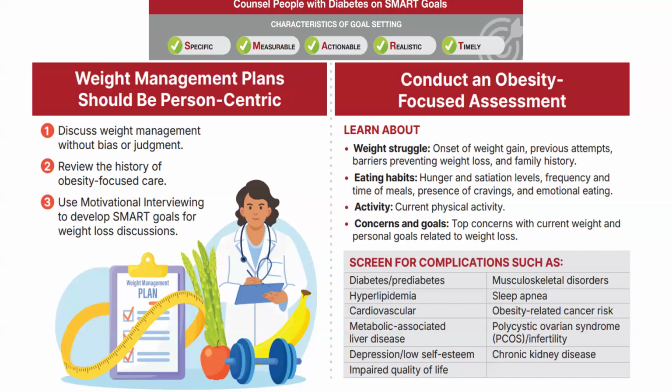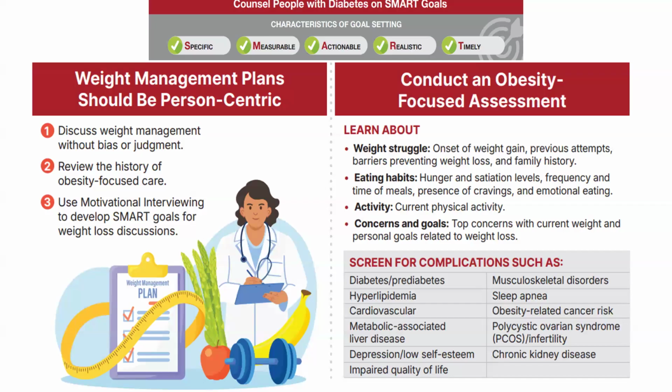Always look for and screen for complications such as diabetes or prediabetes, hyperlipidemia, hypertension, cardiovascular complications, and metabolic associated liver disease, which is a new name for NASH or NAFLD or fatty liver. Look for any associated depression or low self-esteem because of the high weight, whether it is impairing quality of life, and whether the patient has any musculoskeletal disorders or joint pain secondary to it.